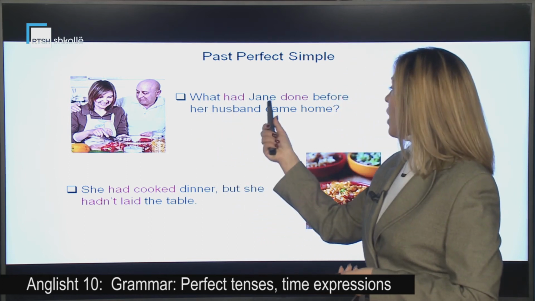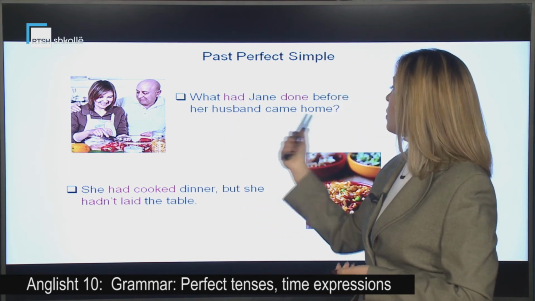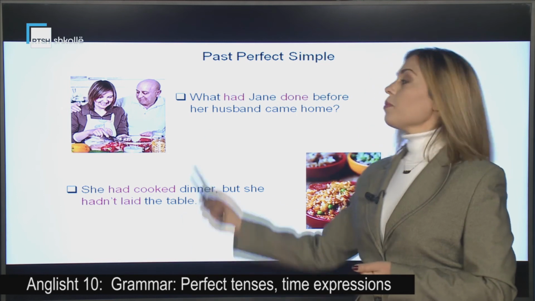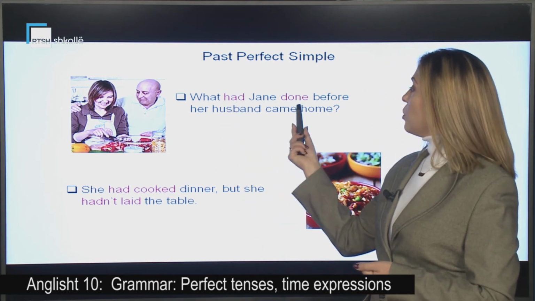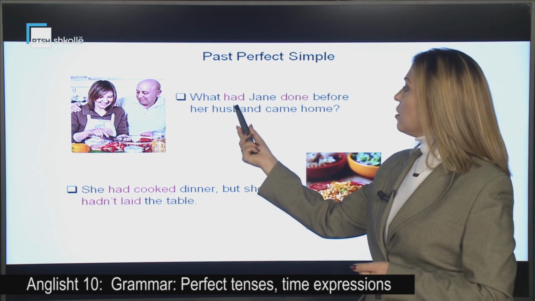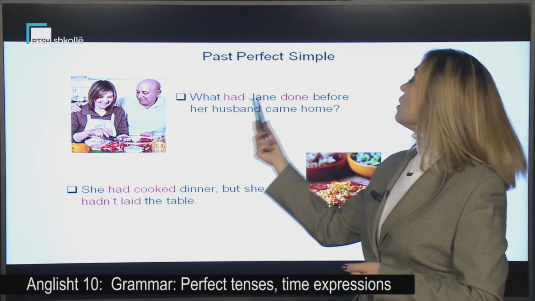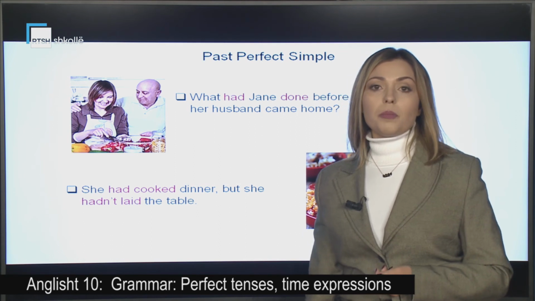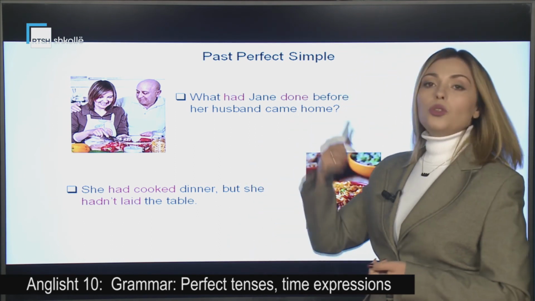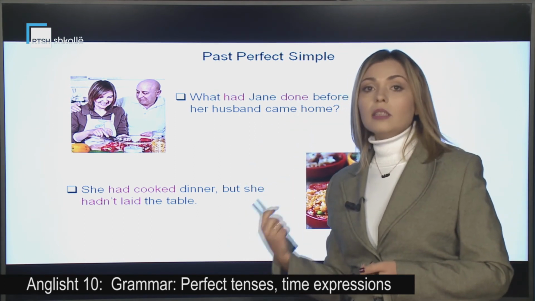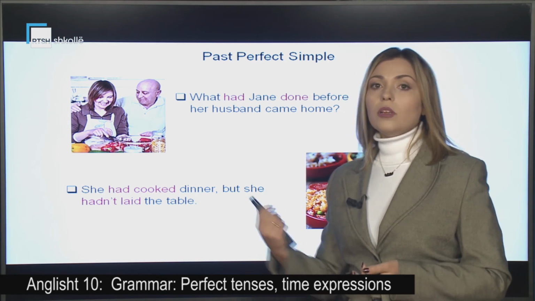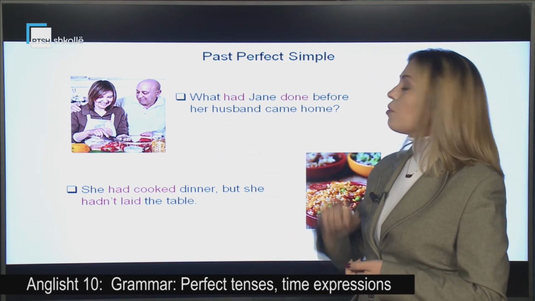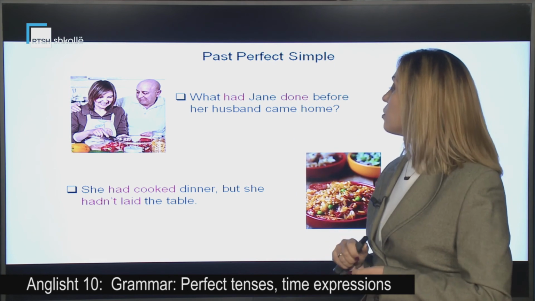What had Jane done before her husband came home? Past perfect. Had, the auxiliary verb in the past, and again our past participle. The verb do, did, done. Done is the past participle. So we have the past of the verb have and the past participle.